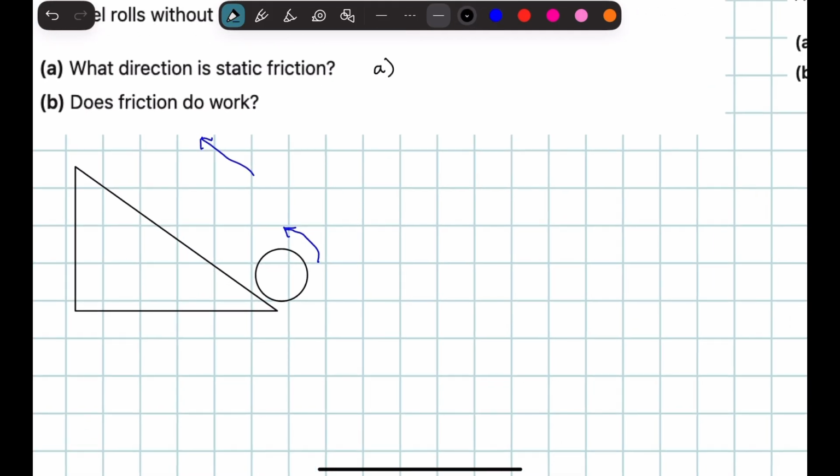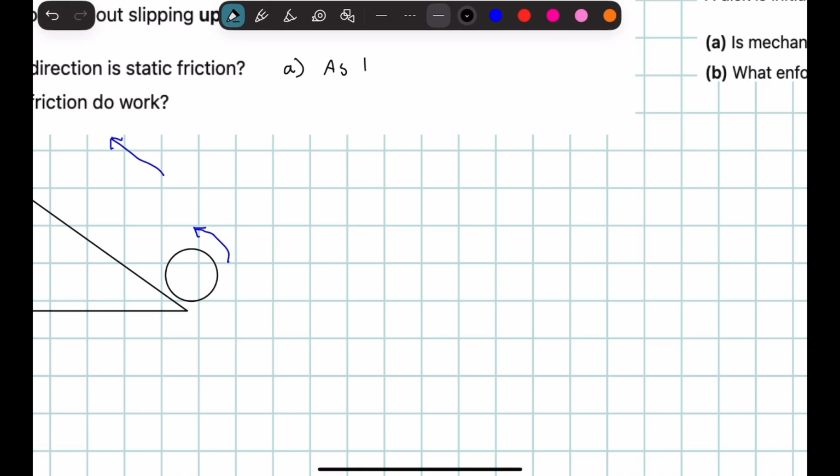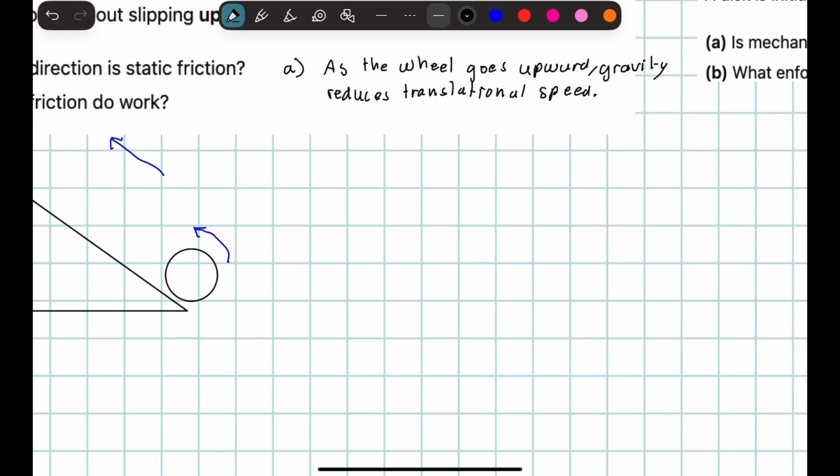So for A, let's start off with, as the wheel goes upward, gravity reduces translational speed.